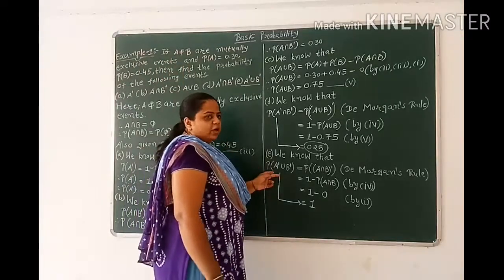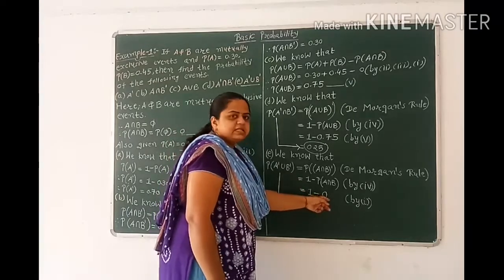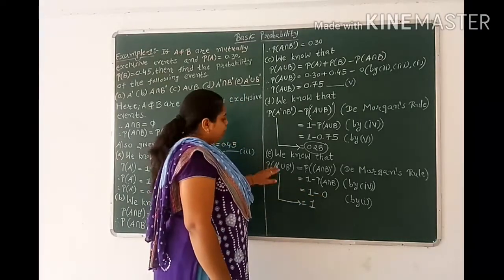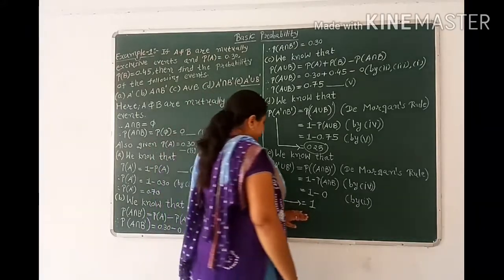So probability of A dash union B dash equals 1 minus 0 equals 1. So probability of A dash union B dash equals 1.